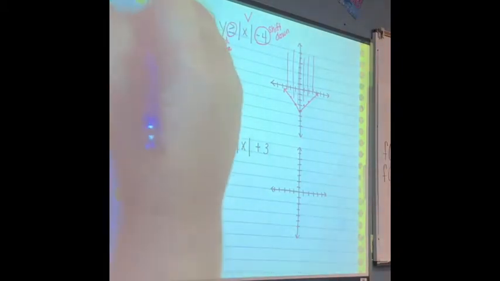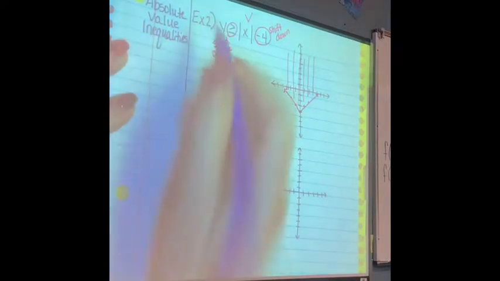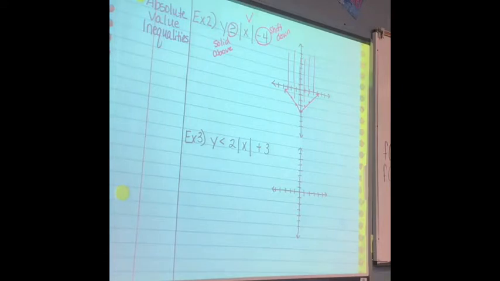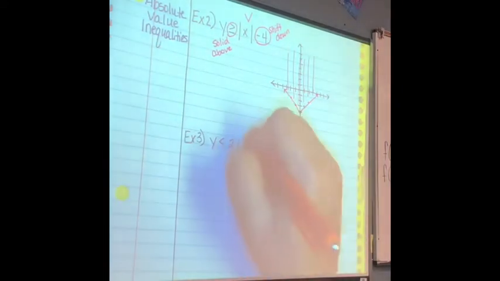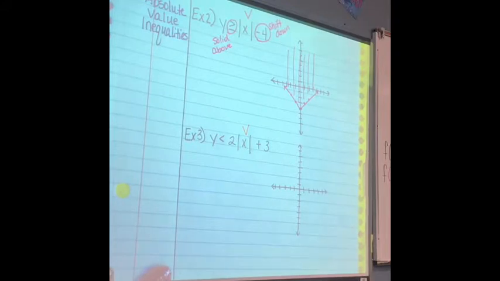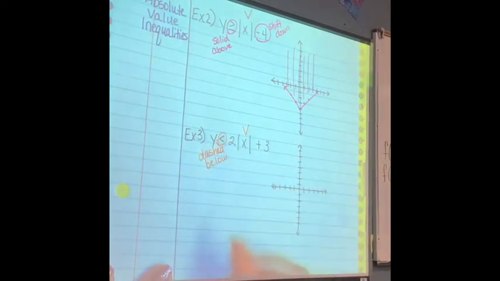This is absolute value inequalities. All right, so we've already said that this is a V shape. What else do we know? It's a dashed line. It's going to be above the line. No, not above. It's less than, so it'll be below. Okay, what else?